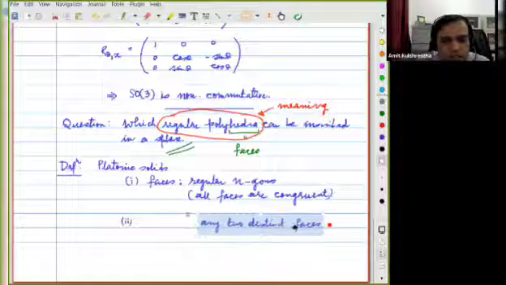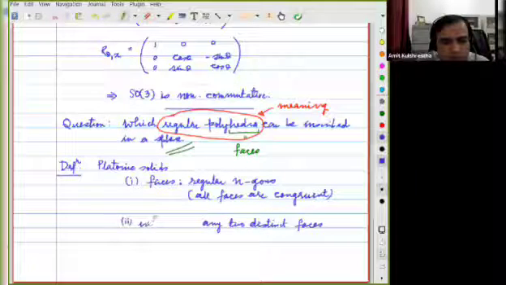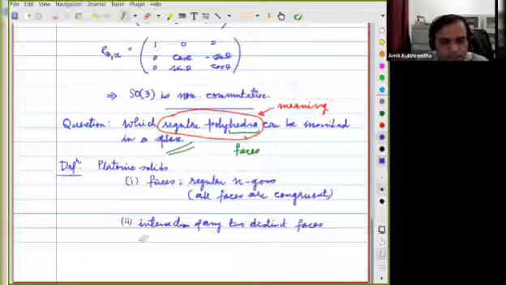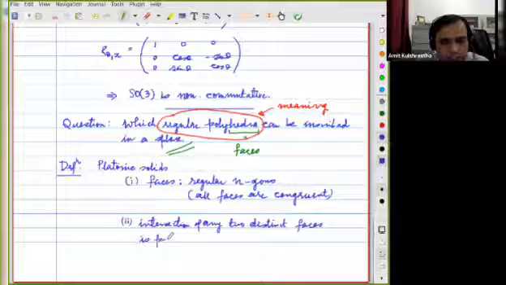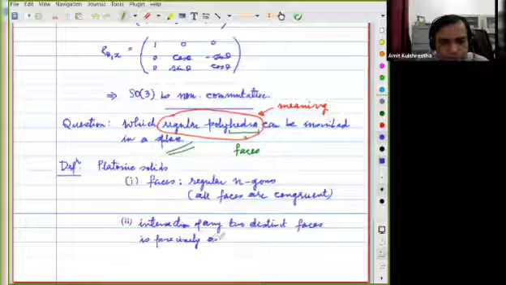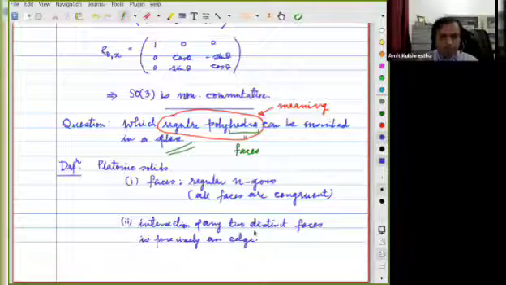So I should say the intersection of any two distinct faces is precisely an edge. So there is no haphazard configuration of these faces.